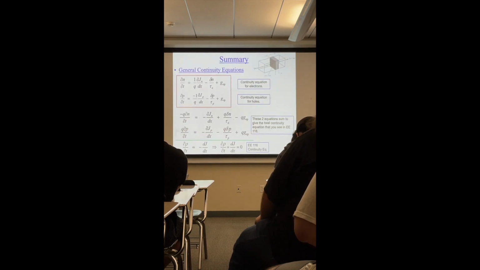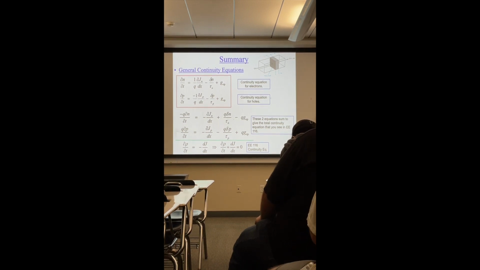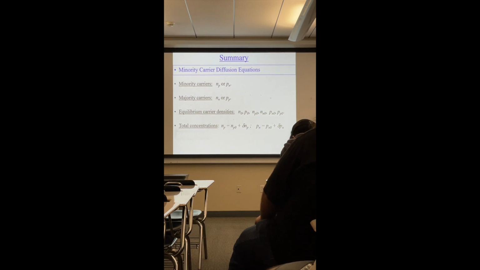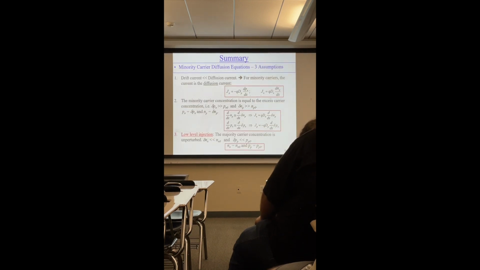Alright, so to summarize, we discussed the general continuity equations, and we considered the minority carrier case, the minority carrier diffusion equations. We introduced this notation, and we made these three assumptions.